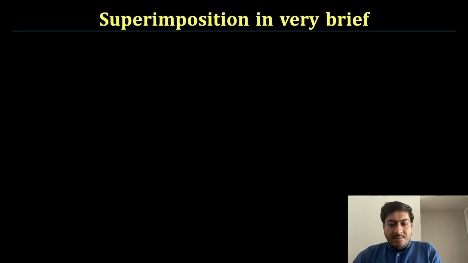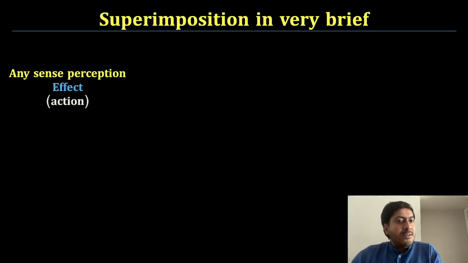So there is a diagram that can be helpful to understand superimposition in short. So let us go through it step by step. Any sense perception that we have, the color, taste, smell, etc., can be called the effect that we are perceiving, and those effects are nothing but actions, because only action can be perceived.